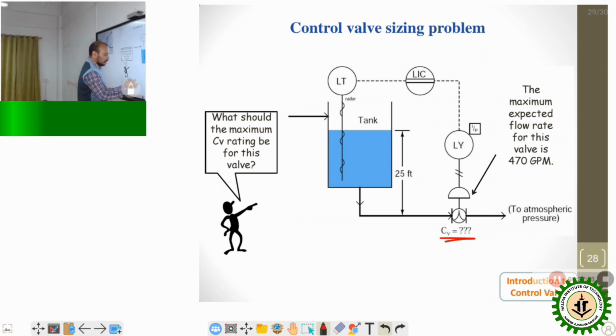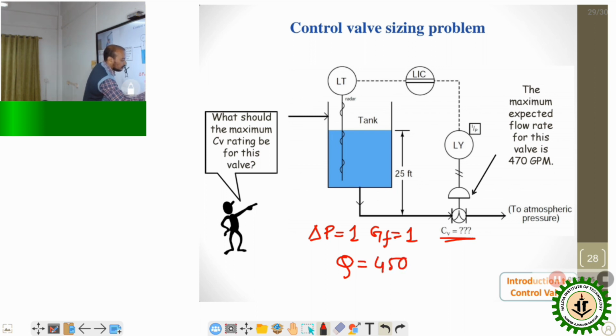Maximum expected flow rate means it will be calculated when del P is equal to 1, and since it is water, the GF will be 1. So in that case we are given the value of Q as 450 GPM, that means the value of CV is equal to the same value, which is 450.